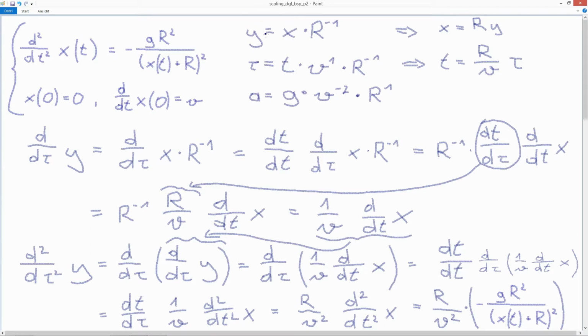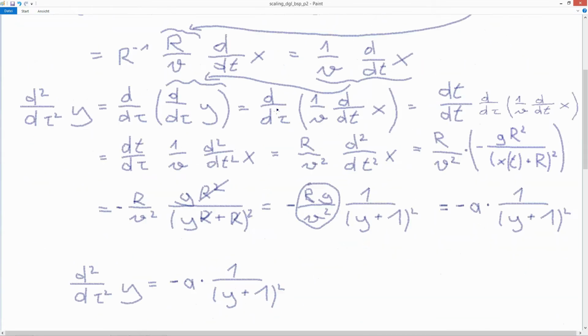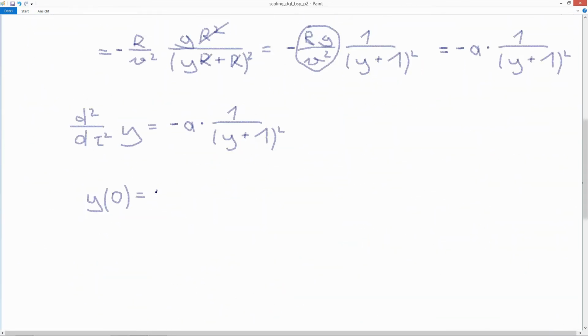So y at the point 0 is just x at the point 0 times some factor r to the power of -1. So y at the point 0 is just 0, because x at the point 0 is 0. So here is 0 times r to the power of -1. So this is 0.